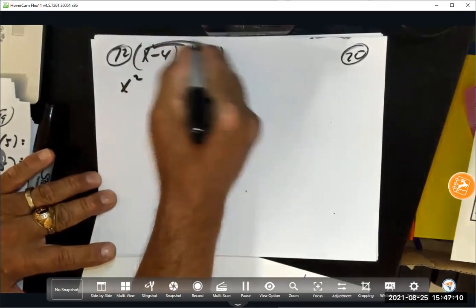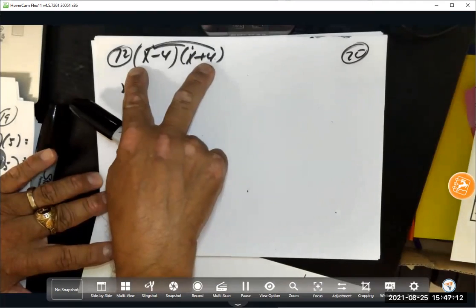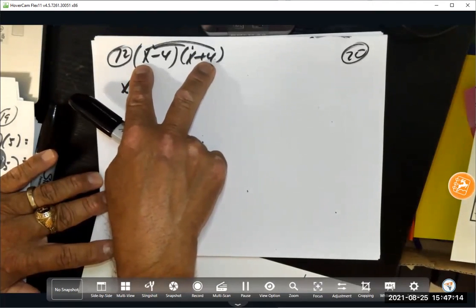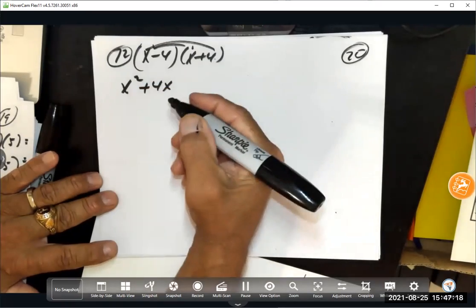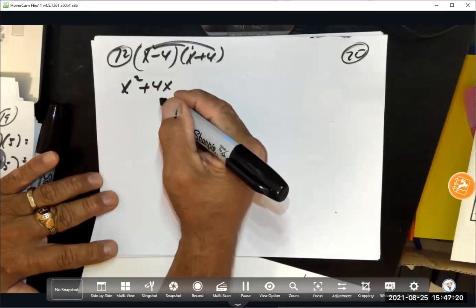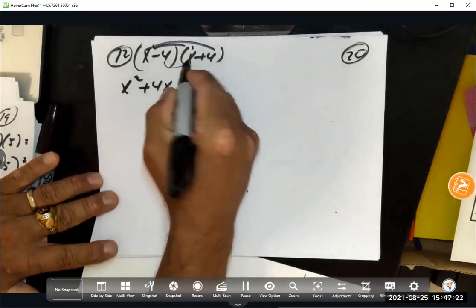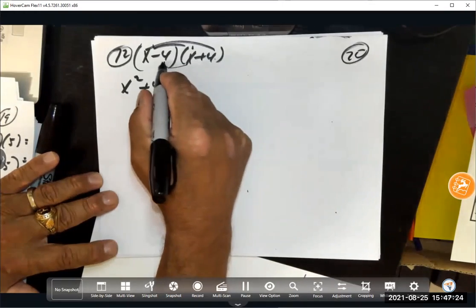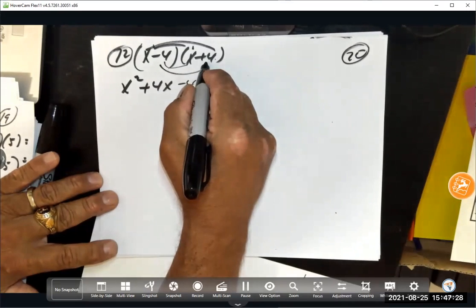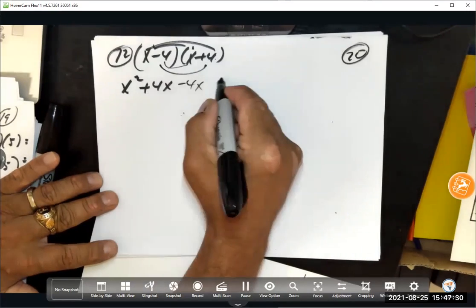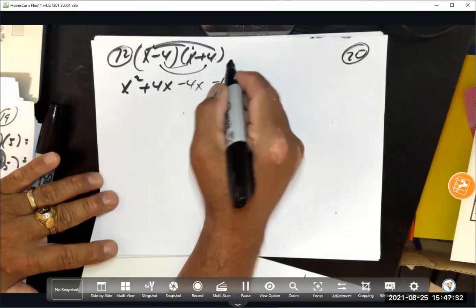What's x times positive 4? Plus 4x. Yeah, 4x. And what's negative 4 times x? Negative 4x. And a negative times a positive? Negative 16. Right?